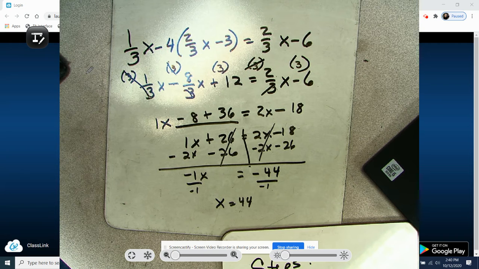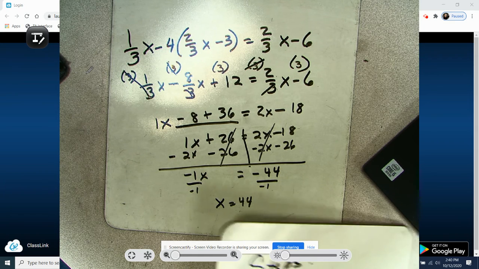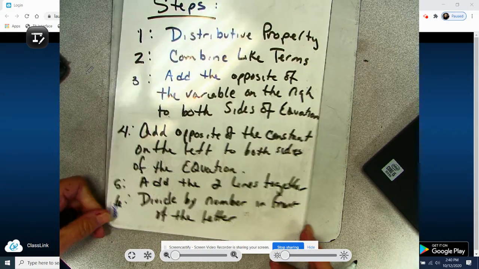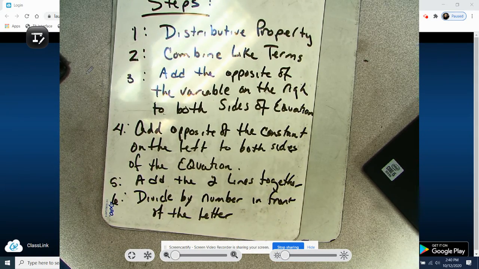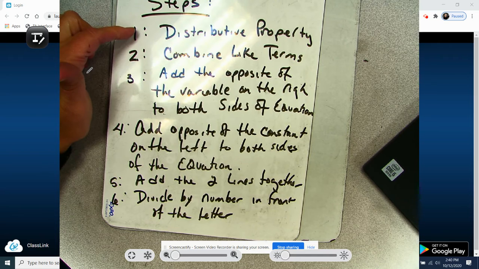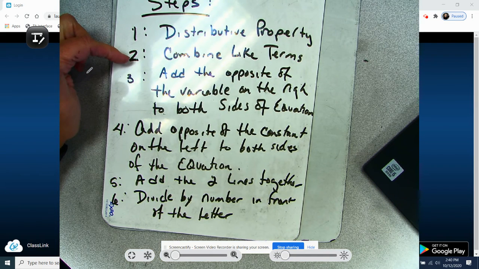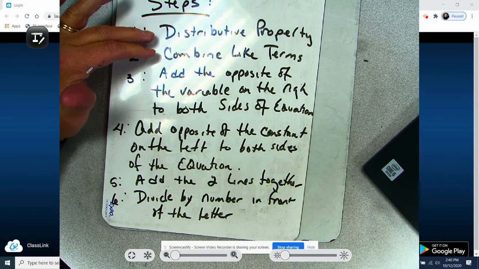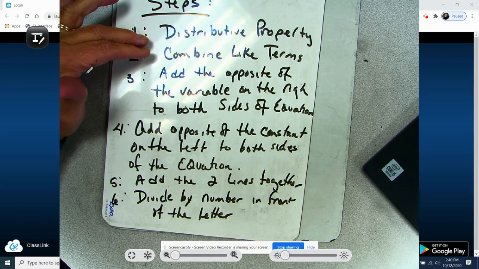So somebody asked me the other day, they needed steps, they needed directions on how to do this. And so now here you go. Those are your steps. Step 1, the distributive property. Step 2, combine like terms. Now, step 1 and 2 may not have to be done. If there's nothing to distribute, you won't distribute.